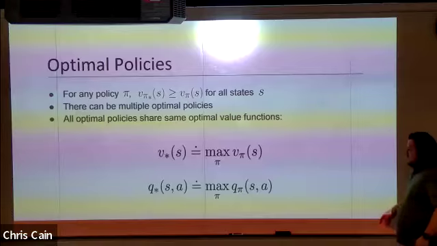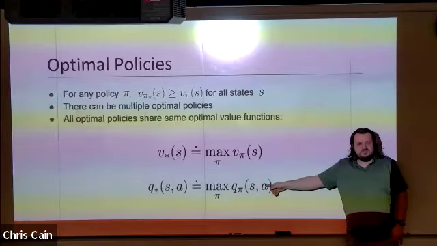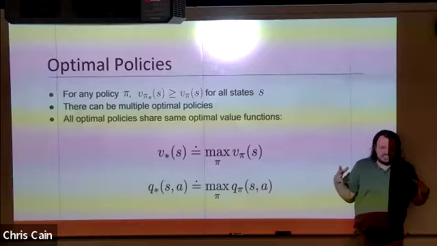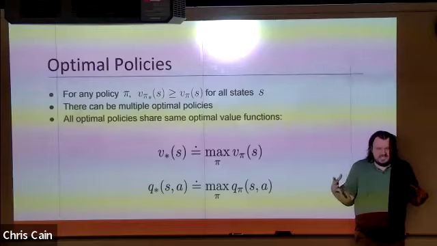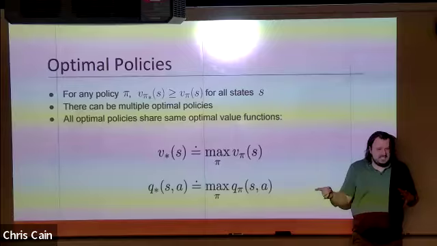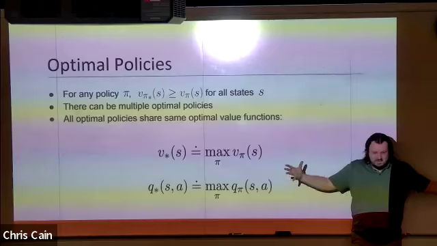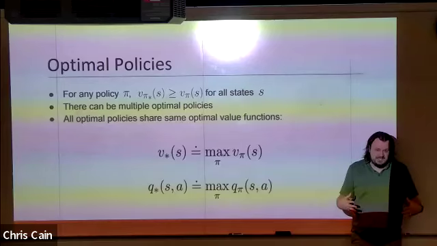We can do the same thing for action values, because remember that sometimes we don't want to look at the value of being in a state. We want to look at the value of being in a state having already selected the next action. That puts the first variable on how does my opponent respond to that move.